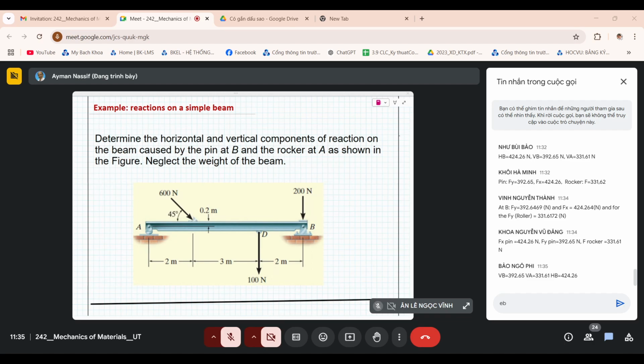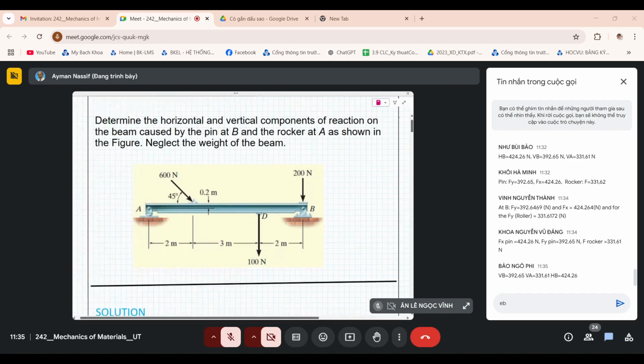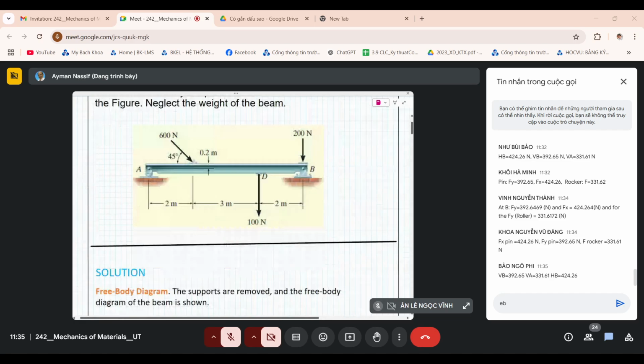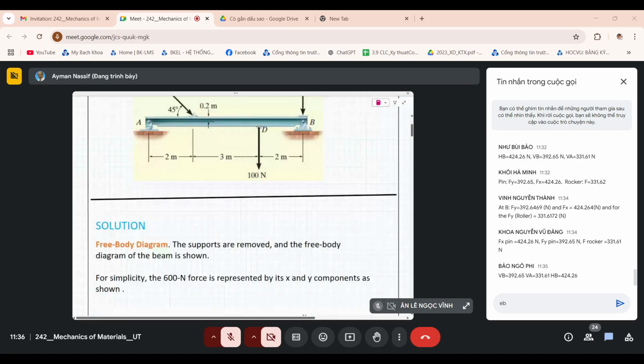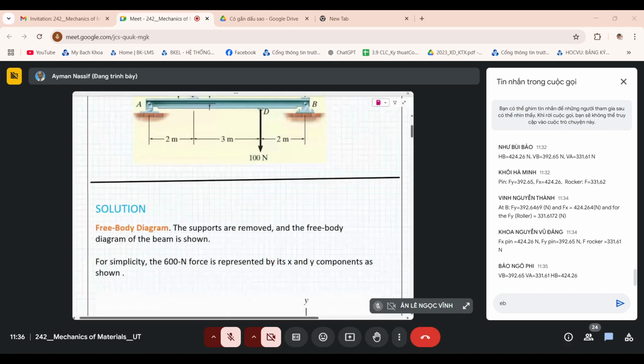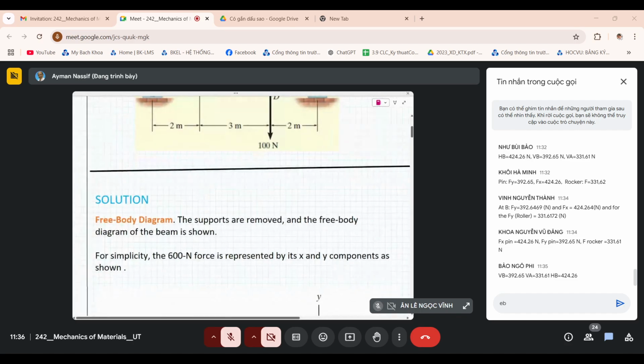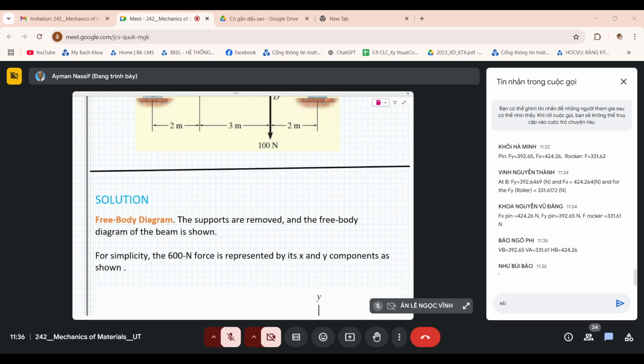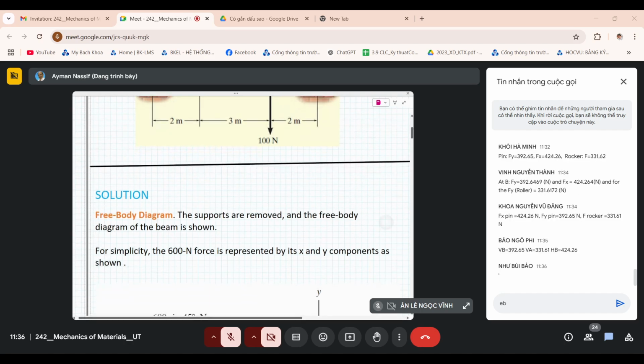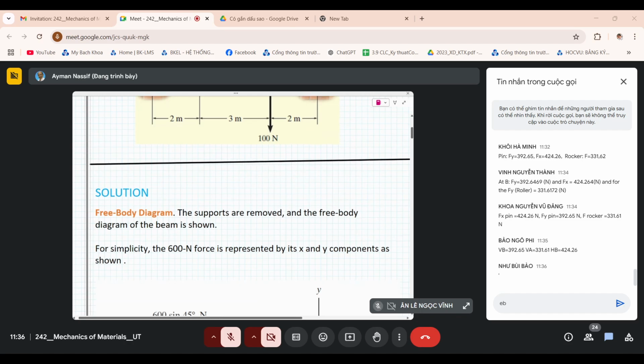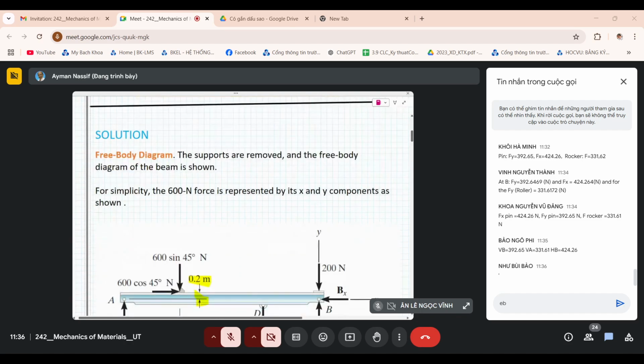Okay. So let's check together, please, the solutions. First, you need to establish what is called a free body diagram, which I don't know if you've heard this term before. If you haven't, we are going to talk about it. But I think what I've just taught you is sufficient.